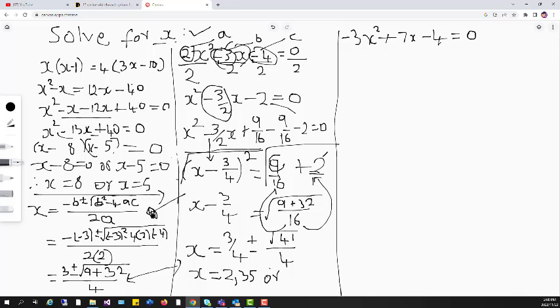Or if we say 3/4 minus root 41/4, we are considering the minus part now.